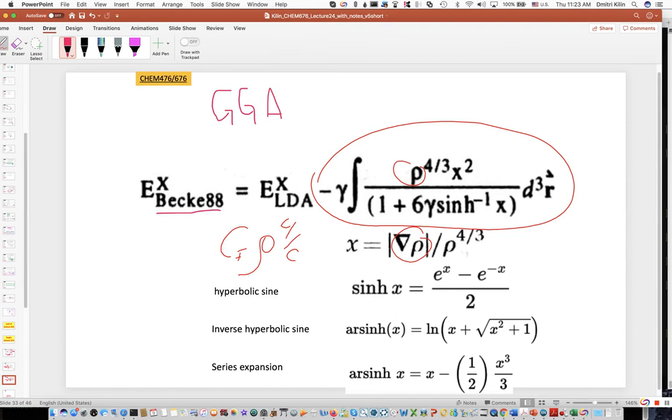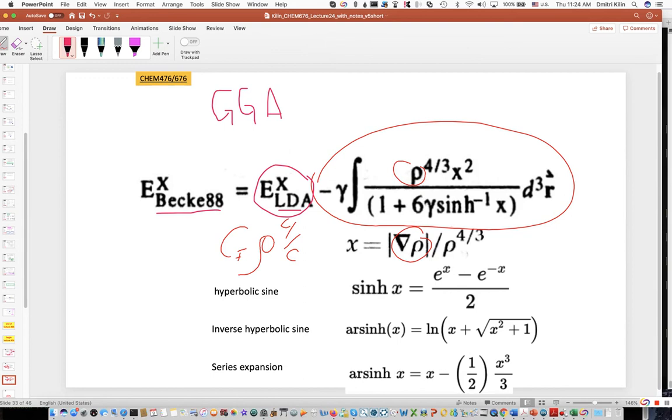So GGA typically has total energy from LDA as a starting point, and then there are corrections, and it is not pleasant for humans to read, but if someone really needs to explore this equation, here gamma is a parameter, and this is the inverse hyperbolic sine function.